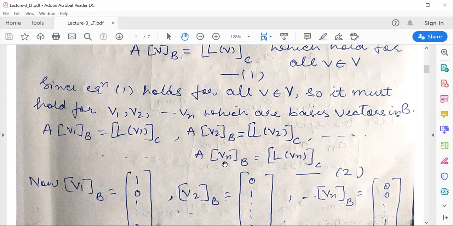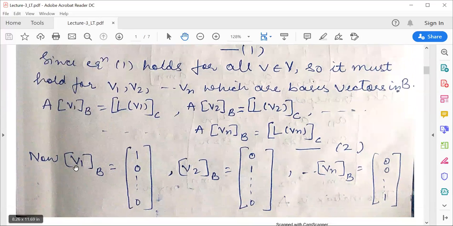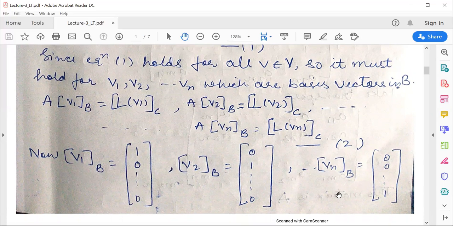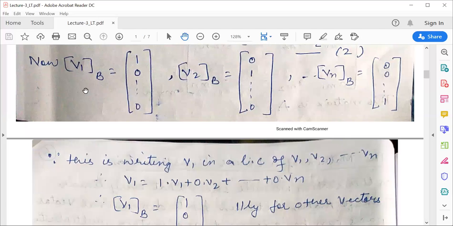Now, [v1]_B, the coordinate vector of v1 with respect to basis B, will be equal to (1, 0, 0, ..., 0). Similarly for v2 it will be like this, and for vn it will be like this. How? To find the coordinate vector of v1 with respect to the basis B, we write v1 as a linear combination of elements of basis B, and the elements of basis B are v1, v2, ..., vn.